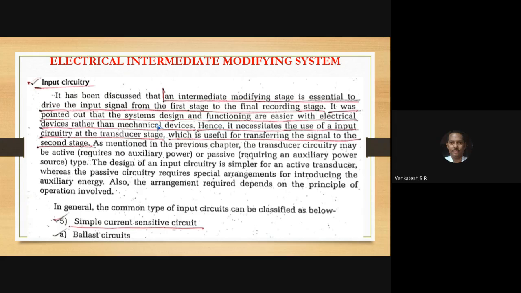Explain briefly electrical intermediate modifying system.